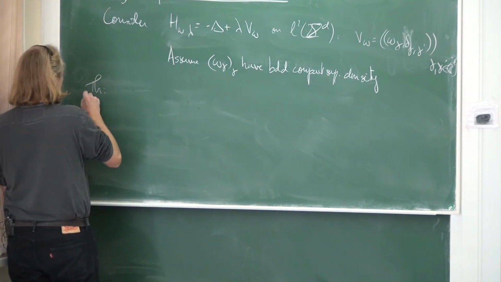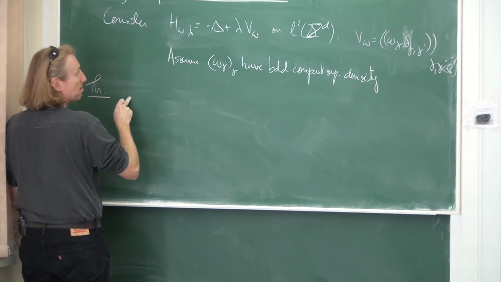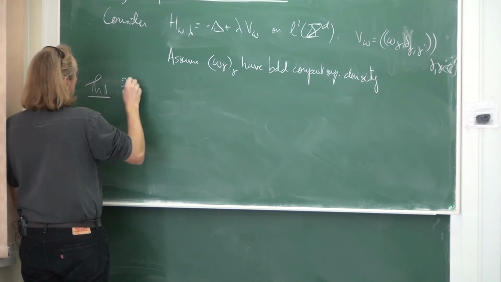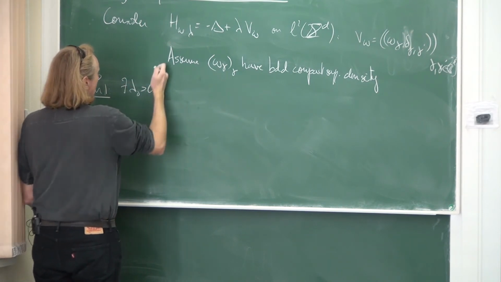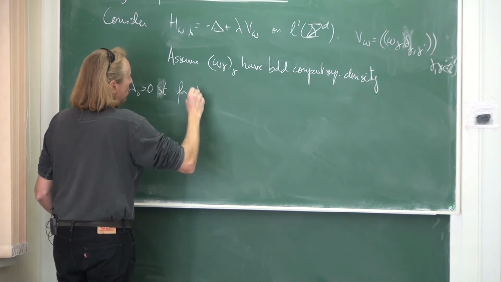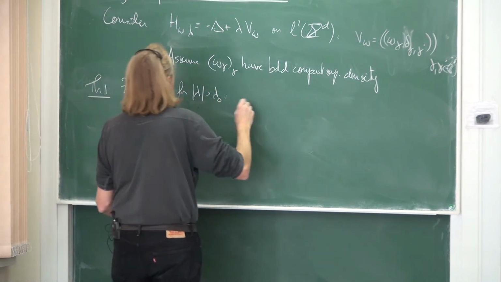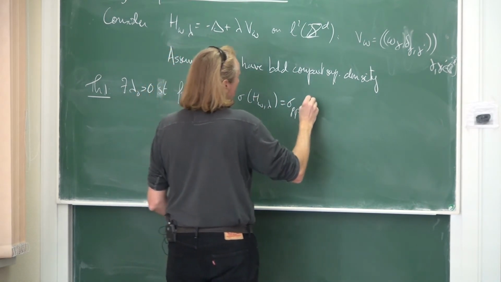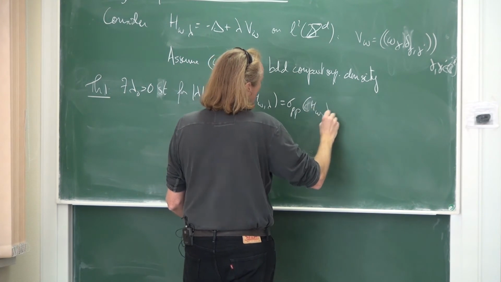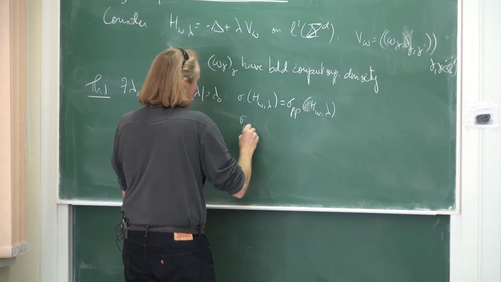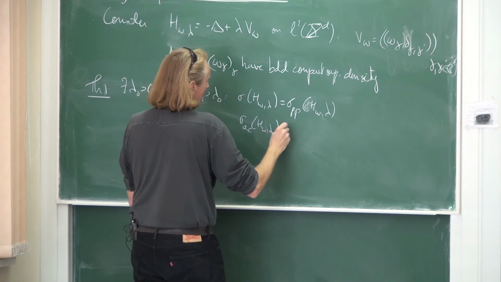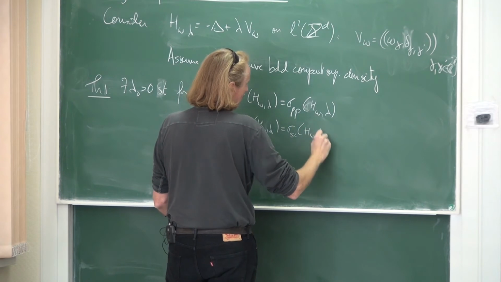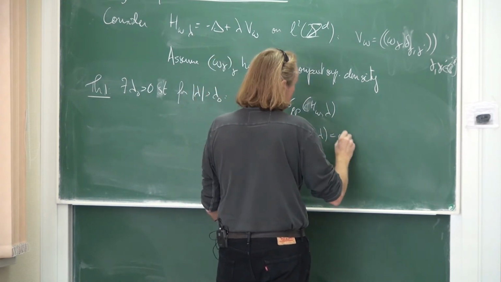Theorem 1. Actually, I'm going to write a number of theorems. There exists λ₀ positive such that for λ larger than λ₀, the spectrum of H_{ω,λ} is equal to the pure point spectrum of H_{ω,λ}, and the AC spectrum and the singular continuous spectrum of H_{ω,λ} are empty.